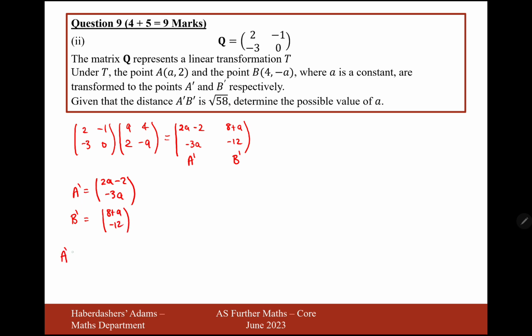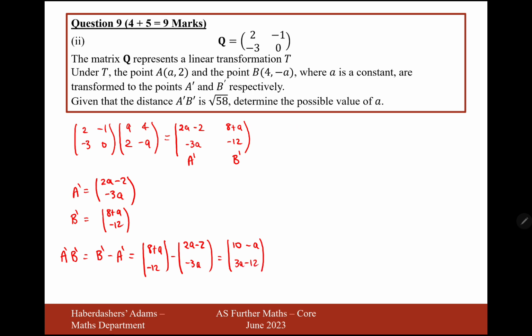If we wanted to go from A dash to B dash, we would do B dash take away A dash, which gives 8 minus minus 2 is 10, a minus 2a is minus a, minus 12 take away minus 3a is 3a minus 12.